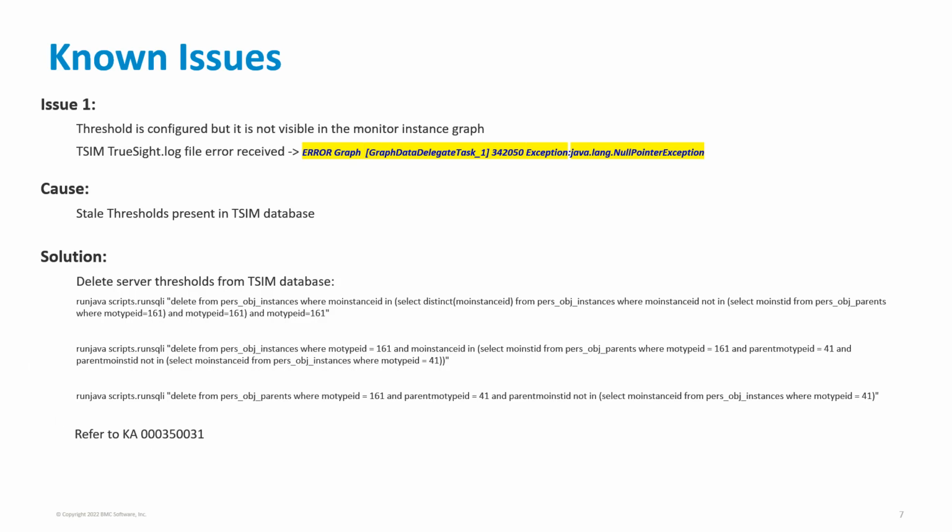Also, this article does provide a permanent fix for this issue where the attached daily job file needs to be used to replace the existing one on the TSIM server so that the stale thresholds are cleared from the database on a daily basis. Detailed steps on how to implement the permanent fix are also provided in the same article. Link to this knowledge article is provided in the references section.